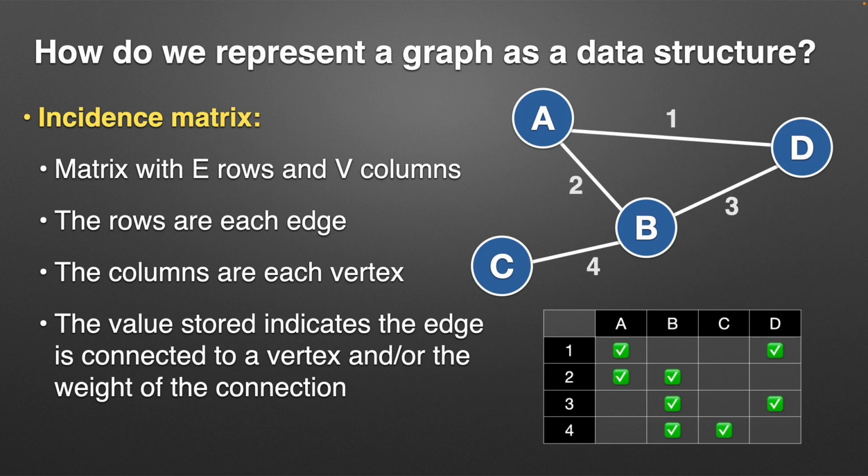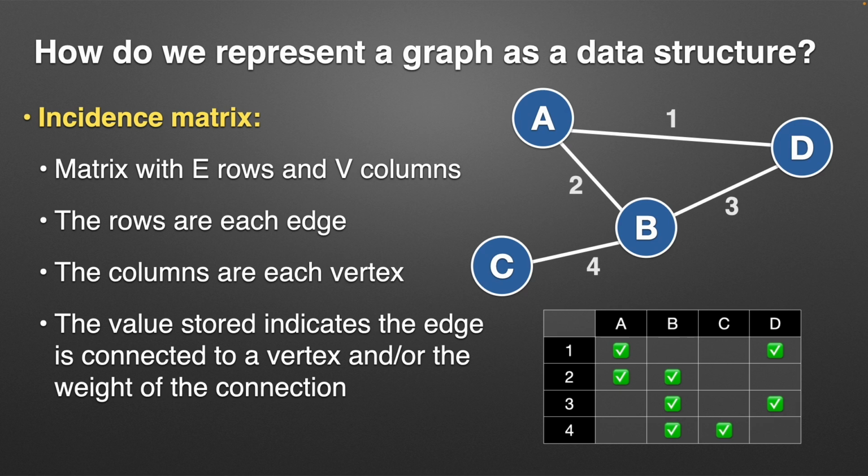And then finally you can do what's called an incidence matrix. It's a similar idea, but you have all of the vertices as the columns, and then an entry for each edge. Each edge is only able to have two of these checked.